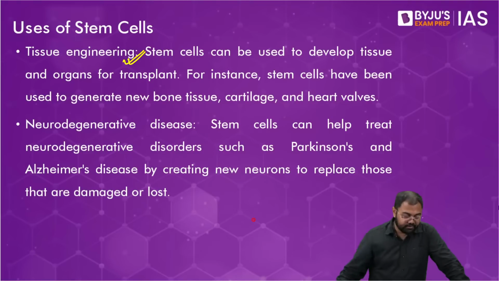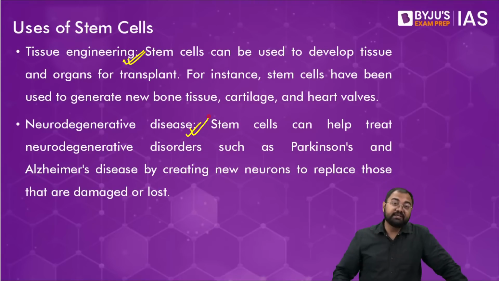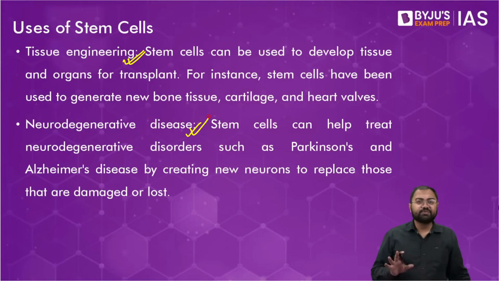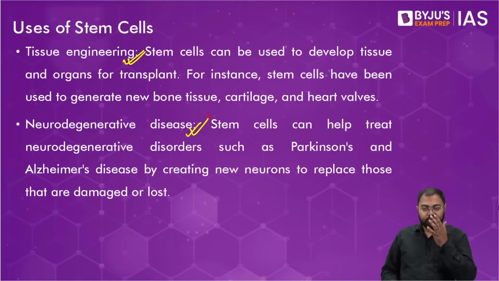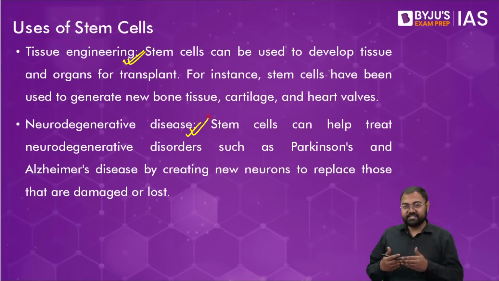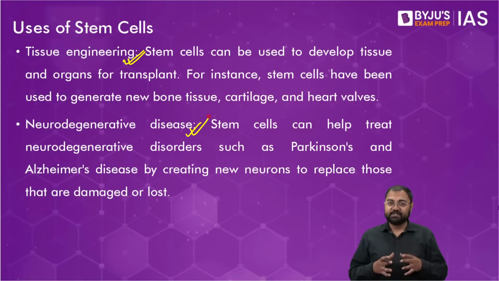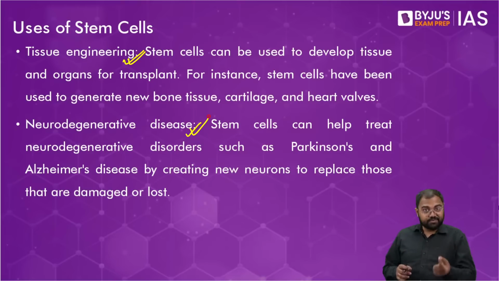And also in neurodegenerative diseases it can be useful, diseases such as Parkinson's or Alzheimer's. So in all these cases we do see the use of stem cells, although success until now has been very limited, but at least we have seen the success.